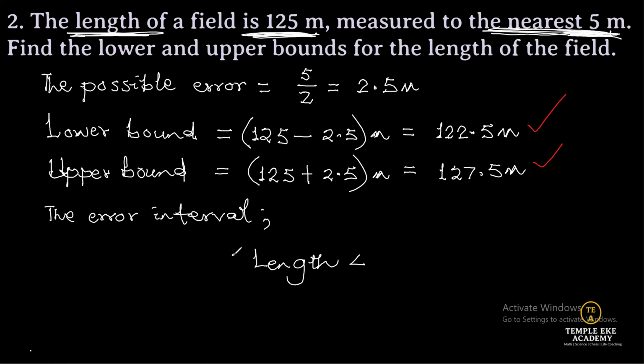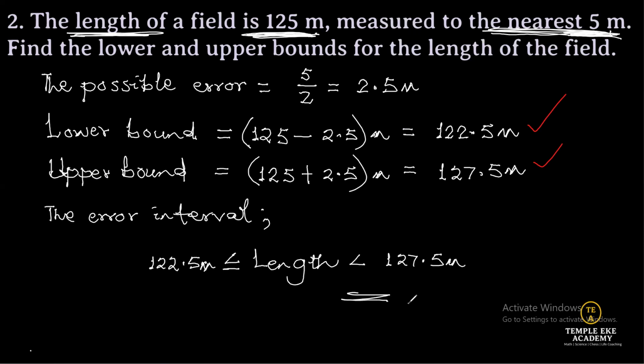Then we use our inequalities now. Position the lower bound on the left-hand side. Lower bound, of course, 122.5, in meters. And then the upper bound, 127.5. So this is the error interval, 127.5 in meters. Very simple right there.